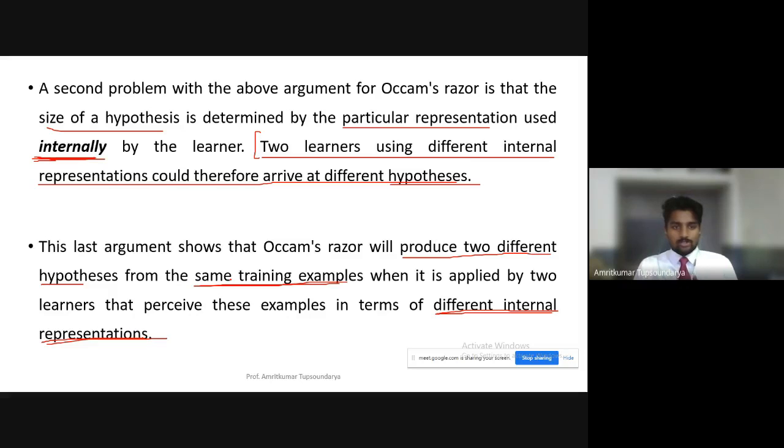These arguments are still unanswered and have to be discussed more. But we do have subsequent lectures and topics in the upcoming months wherein we'll be discussing these in detail. So far, just keep in mind that this is the reason why we prefer shorter hypotheses over longer ones, and these are the different arguments with respect to Occam's razor.